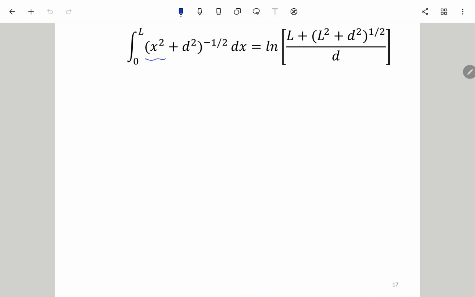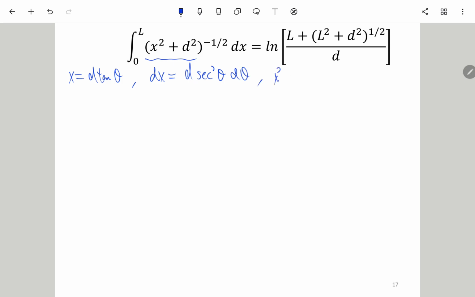For this type of x squared plus d squared in a square root, we must assume x to be d times tangent of theta. In such a way, dx will be d secant square of theta d theta.